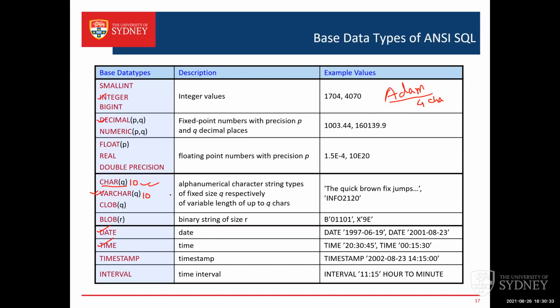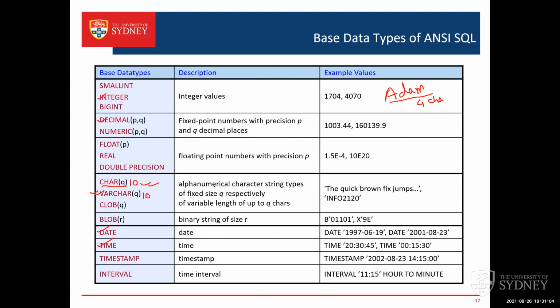The rest of the 6 characters will not be used. So that is the memory management issue. Again, if I'm using character, then that is the fixed size. If you insert something which is less than the fixed size, then it will fill up the rest using spaces. But for varchar, if you insert less than the maximum size, then that is the only size that you are going to get. So if you insert 4 characters, it will be 4 characters inserted there.